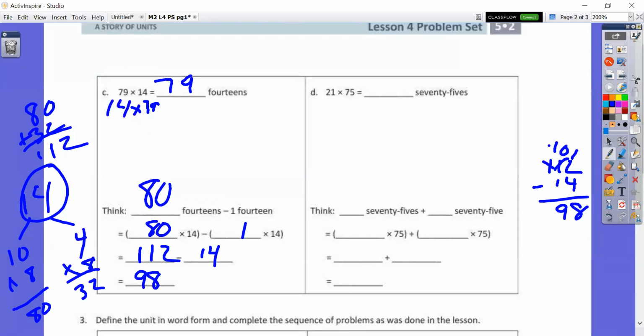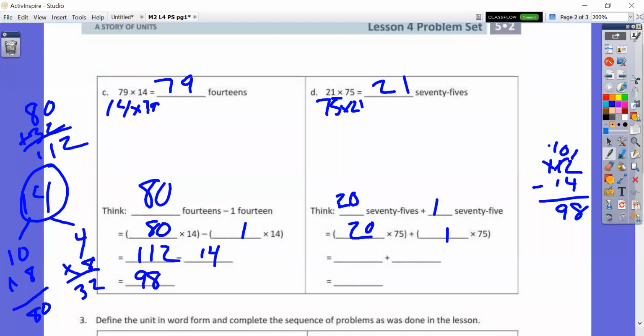Well, 21 times 75 or 75 times 21. Well, which one's the easier number to subtract? 75 is a nice round number, so I guess it looks like they want us to use 21 75s. Well, it's easiest to think of 20 75s in our head and then add back 75.